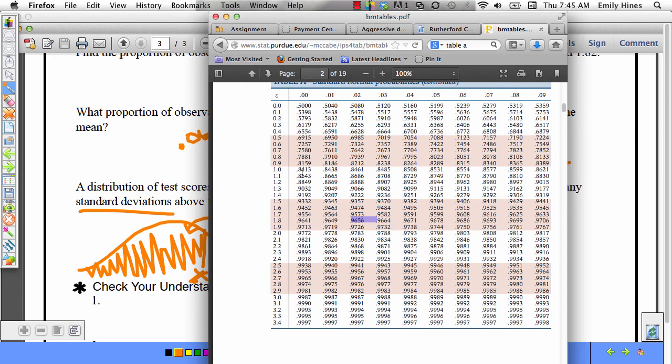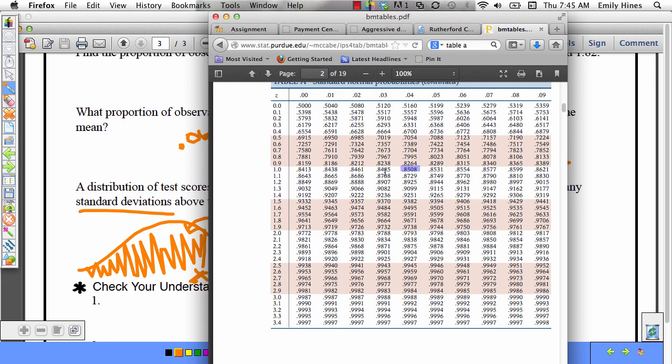So I go to my table A and look for an area that is as close to 0.85 as possible. So I see 0.8508 and 0.8485. This one is 10 ten-thousandths away, and this one is only 8 ten-thousandths away, so 0.8485 would be as close to the 85th percentile as I could get.